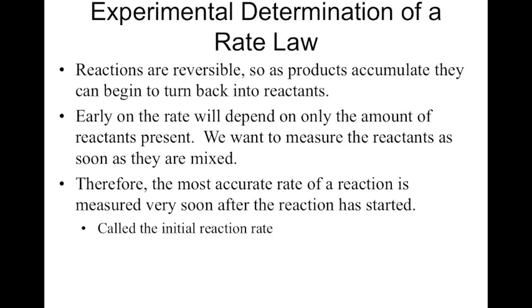As the reverse reaction begins to occur, the forward reaction begins to slow down some. So it's best to measure the rate of a reaction very early on, before there's any buildup of products. That's why we use the method of initial rates. We measure the rate of a reaction very early in that reaction, before we have any accumulation of products.